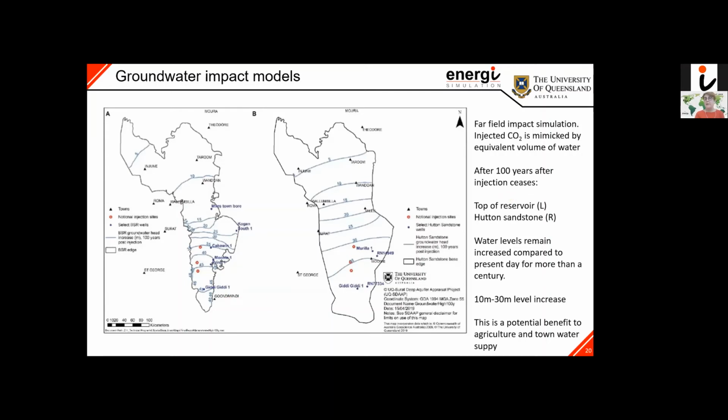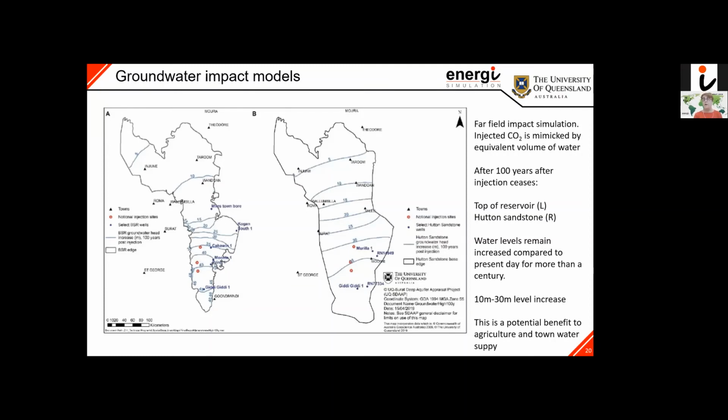The message here is that on a reference case, it shows that pressure increases can be seen widely across the basin, and a large number of water bores are predicted to experience increases of 10 to 30 meters over a 100-year period.